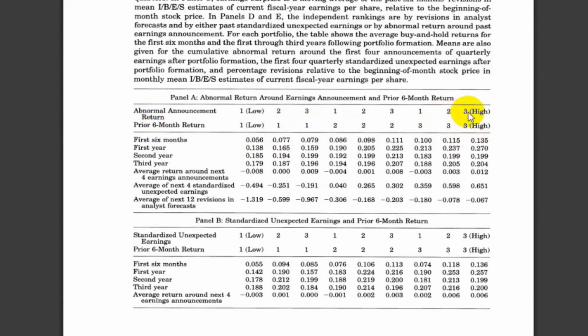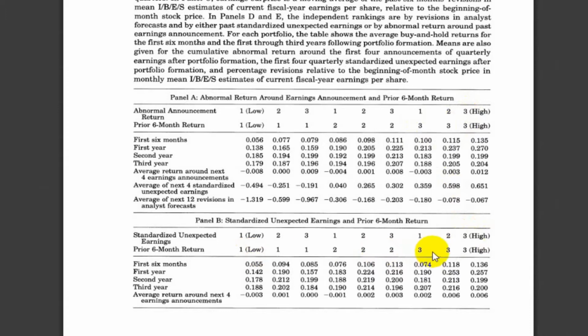This is the abnormal return around earnings announcement dates, the 3-day period, as was done in the prior table. So for instance here, portfolios number 3 have the highest past 6-month returns, and those are further split into where this 3 is the highest abnormal return around the announcement dates within this group.